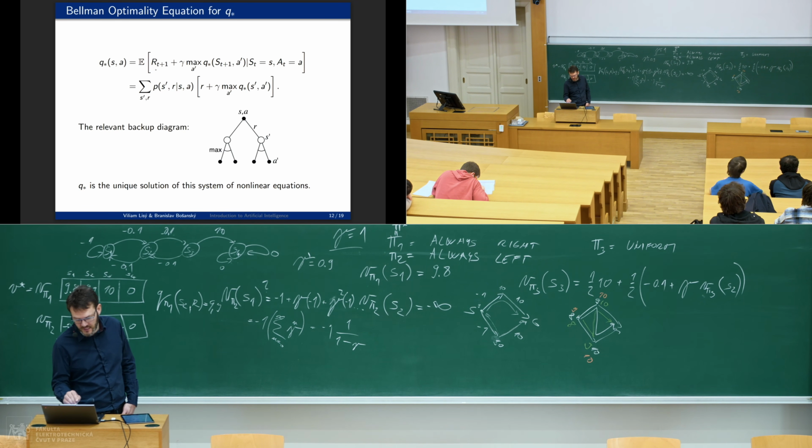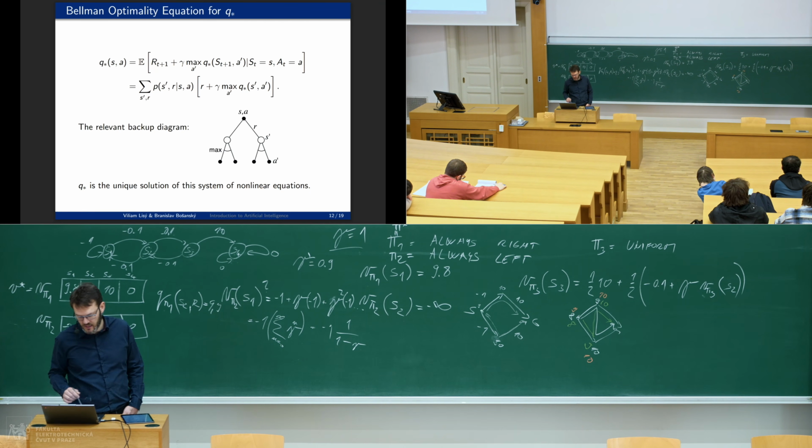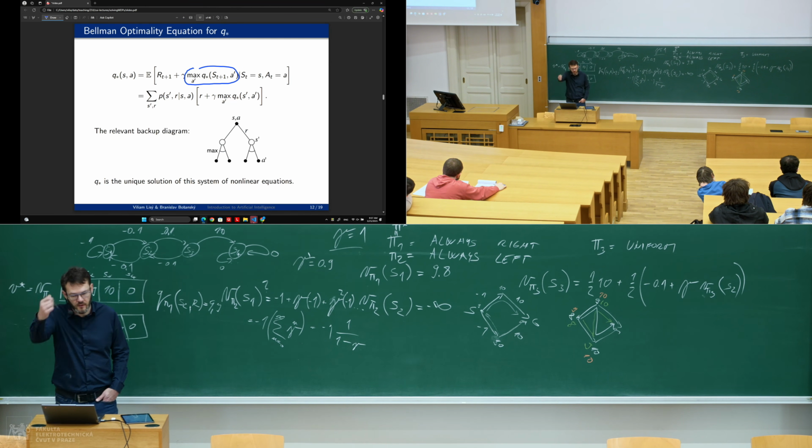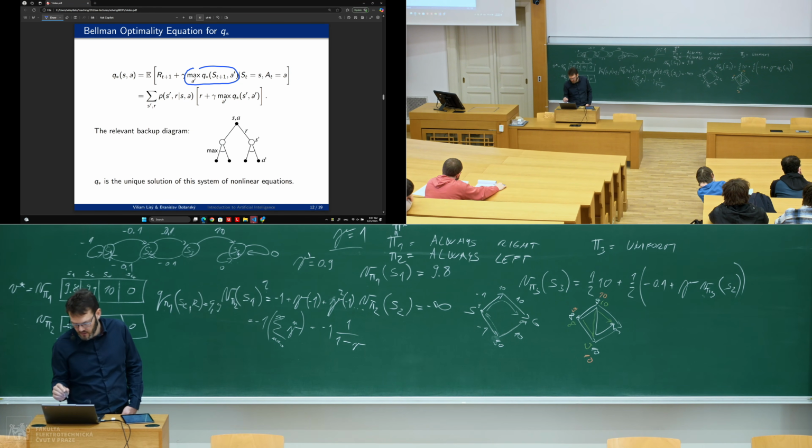So if you have the expectation and then you have this R t plus 1, that means that it will have different realizations, but you take the expectation over all the possible realizations of this variable, right? And then you take gamma because you are in the next step, and you take the best action in the following state, based on the optimal Q function.